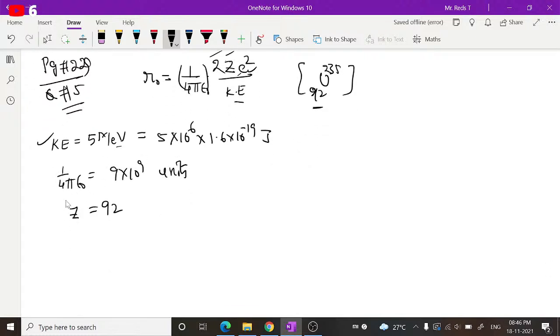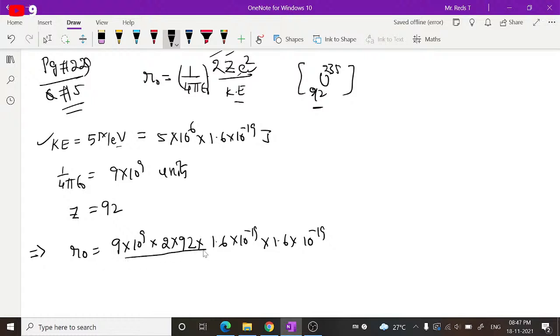Let us see. This implies R naught is equal to 9 into 10 to the power 9 into 2 into Z, which is 92, into e square, that is 1.6 into 10 to the power minus 19 squared, divided by kinetic energy, that is 5 into 10 power 6 into 1.6 into 10 to the power minus 19. Now we keep it as it is because you can simplify here.